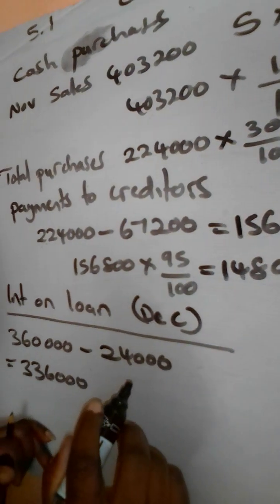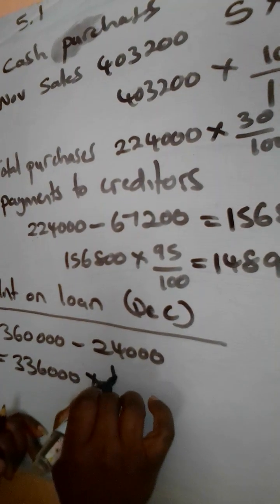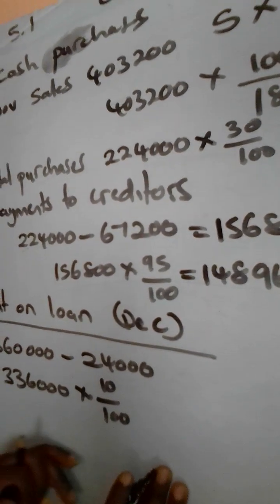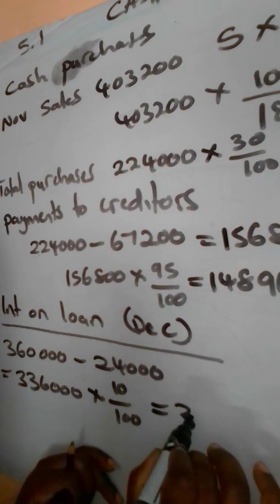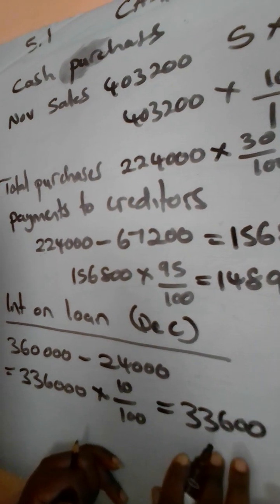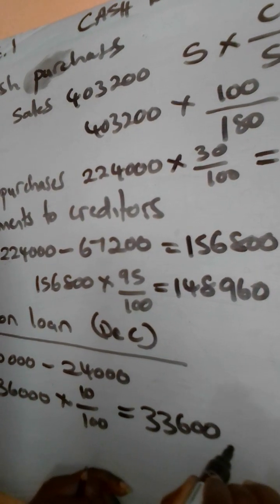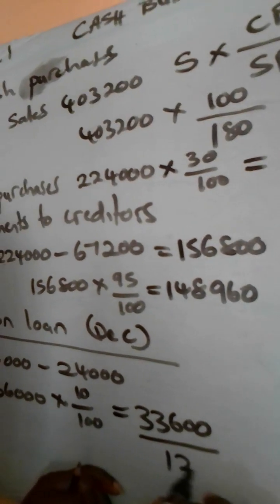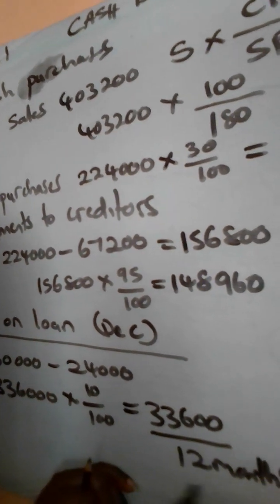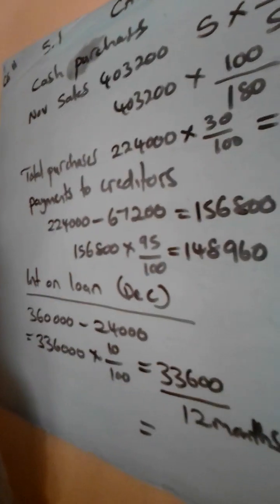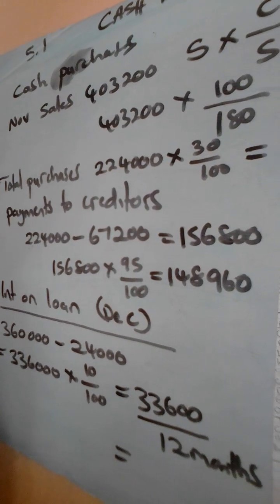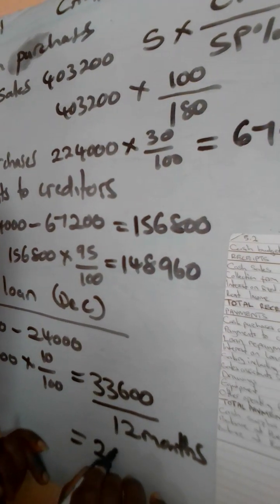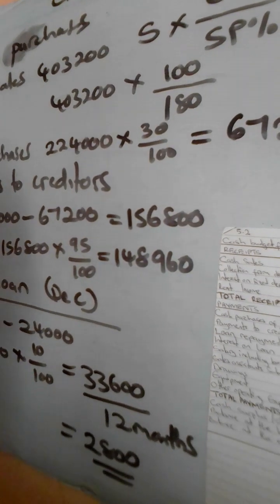Then we multiply by the interest of 10% per annum, which gives us 33,600. This is for 12 months, so we divide by 12, which gives us 2,800 per month. So in December, we are going to record 2,800.